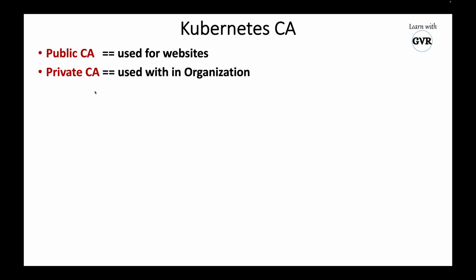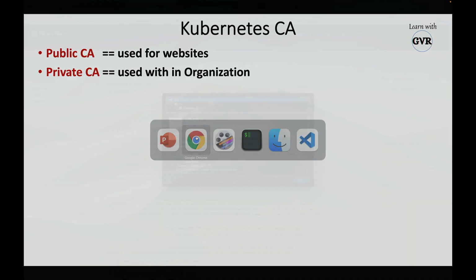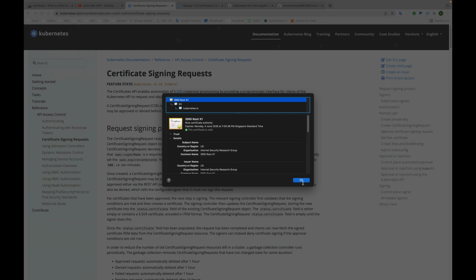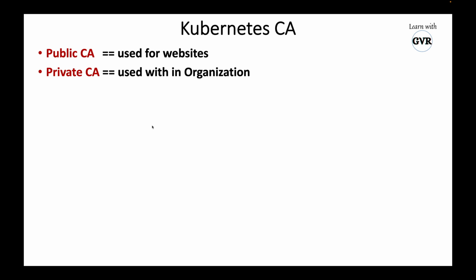The private CA is used within an organization. Say I am working in a company with 10,000 employees, and out of that there are 5,000 Kubernetes clusters. All the clusters should use one CA issued by the organization. So you can create your own CA, same as this, and use it within your organization.